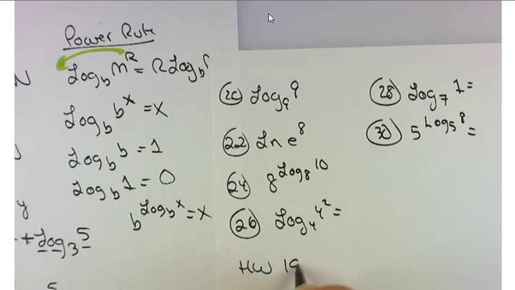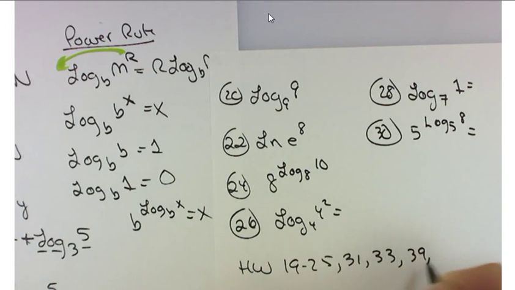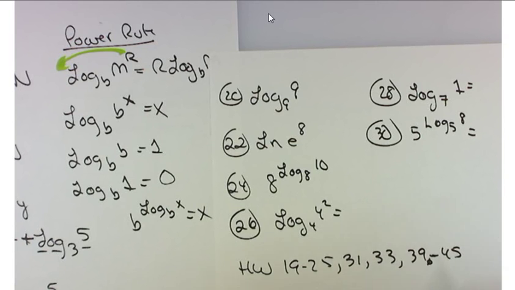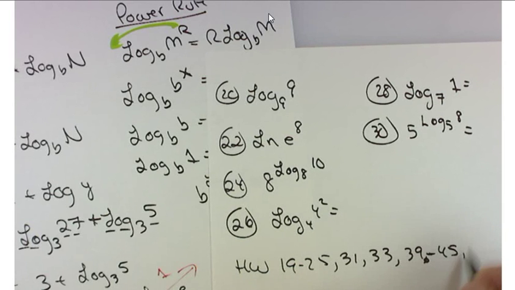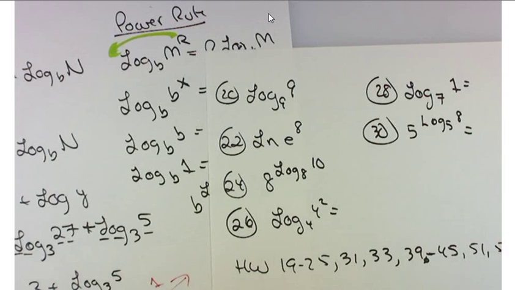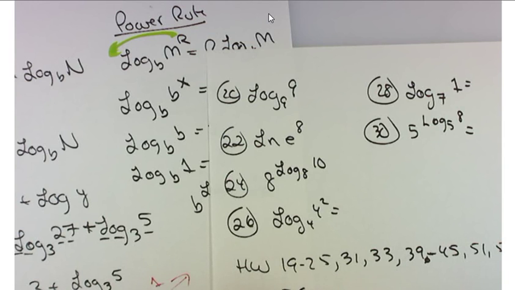Homework 19 through 25, 31, 33, and let's skip up to 39 through 45. 51 and 53. 59 through 65.